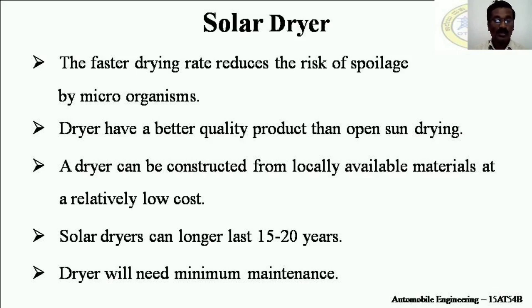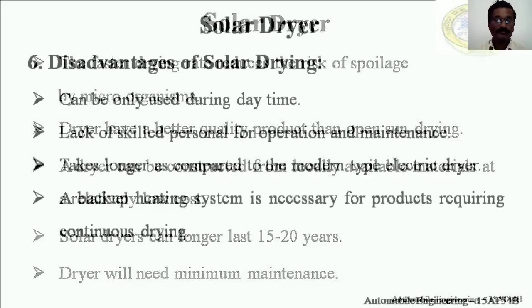Next one, solar dryers can last up to 15 to 20 years. So when you construct it once, it lasts a long period, up to 15 to 20 years. The dryer will need minimum maintenance. There is no heavy cost on maintenance here.